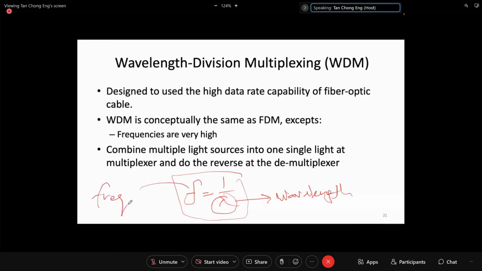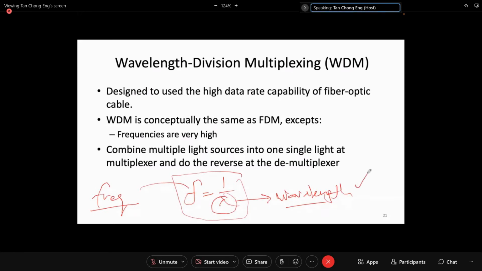Frequency and wavelength are basically the same thing, but just to differentiate them, because fiber optics use lights, and lights, we all know, run at an extremely high frequency. So when lights are at an extremely high frequency, they use wavelength.